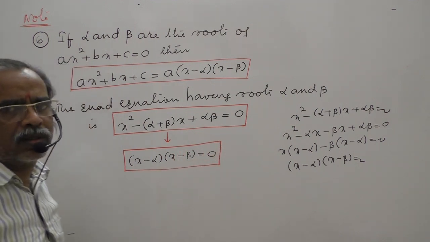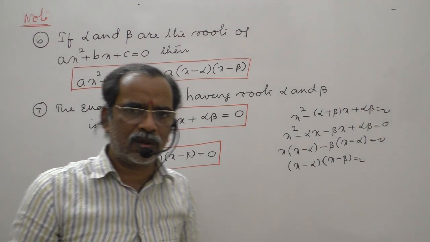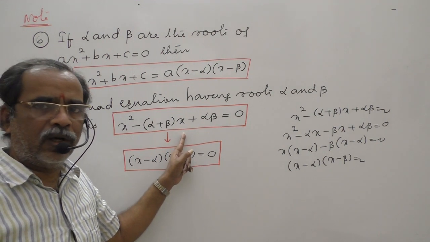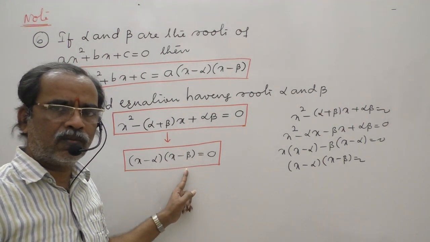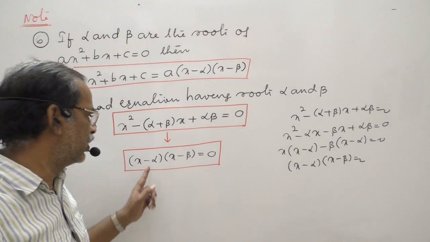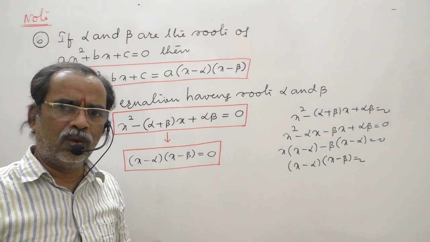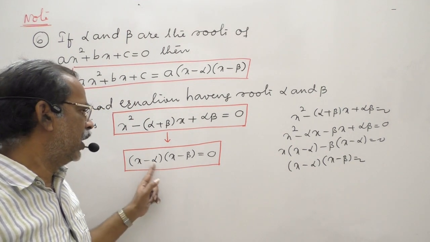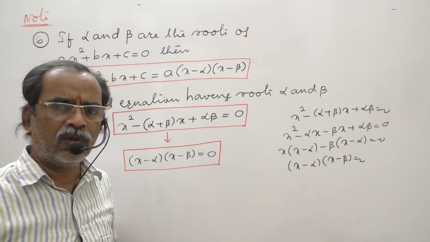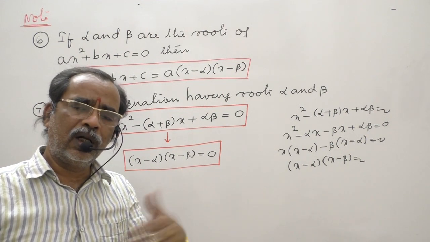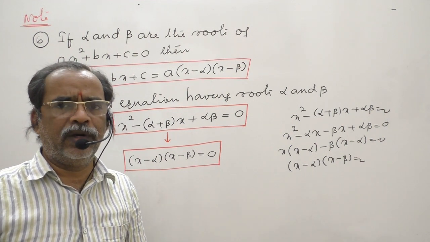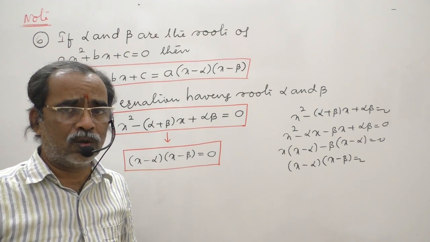Quadratic equation means generally it will have two roots. When two roots are given, to form the quadratic equation, you can apply this or this. You please see the second one. There are two roots for a quadratic equation. If alpha, beta are roots, then what is the equation? x minus alpha into x minus beta, where alpha, beta are roots. This is applicable for other equations also. For example, if you want to write a cubic equation, generally it will have three roots, no?